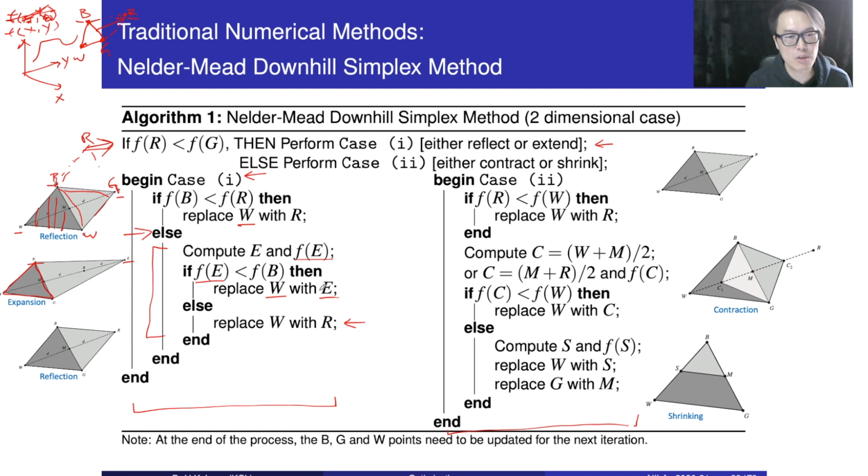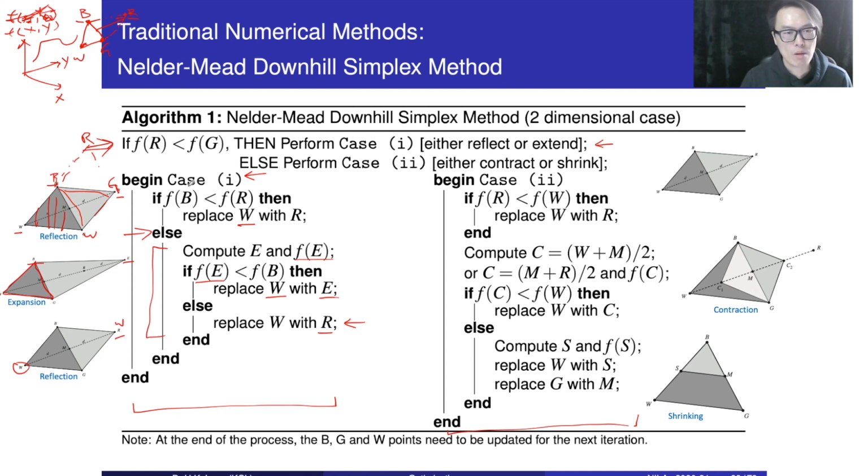So we are going back to the refraction point. We replace this W by R, so this one becomes W. Of course, at the end of this iteration, we are going to relabel the BGW points according to their cost. So this is case 1.